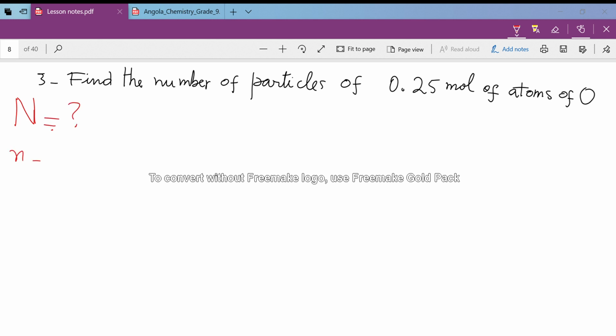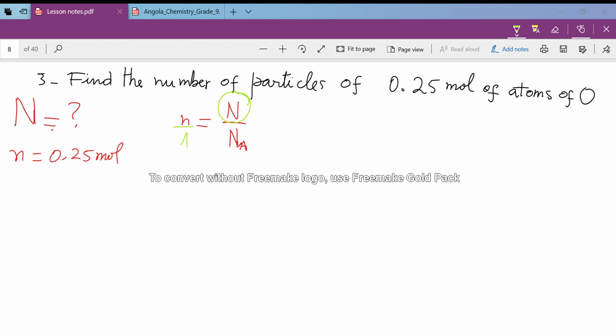The number of moles now is 0.25 moles. Now the formula is number of moles equal to number of particles divided by Avogadro's number. Now we will do the same thing we did with the mass, because we want to know this one. It means we have to rearrange the formula by cross multiplying.